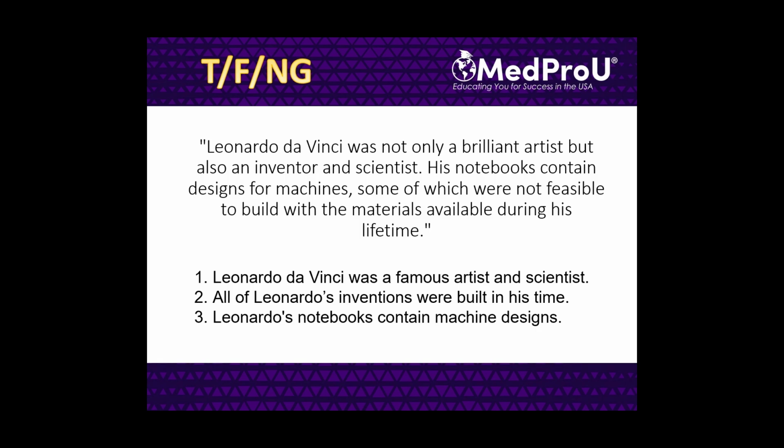It was mentioned that some were not feasible to build during his lifetime, so some were not built in his time. In number one, it was mentioned that he is a brilliant artist, an inventor and a scientist, so we can say that Leonardo da Vinci was a famous artist and scientist. Is this clear? I hope.